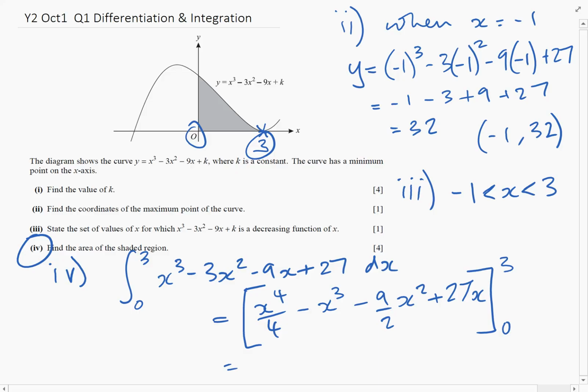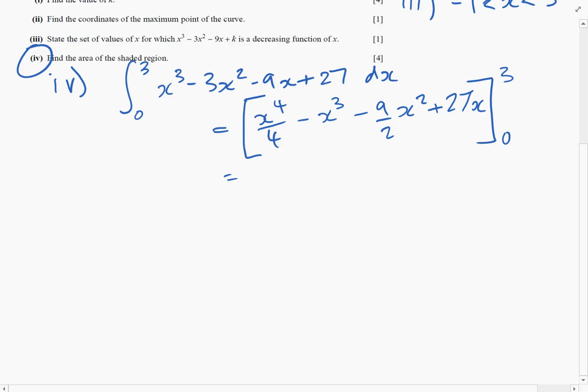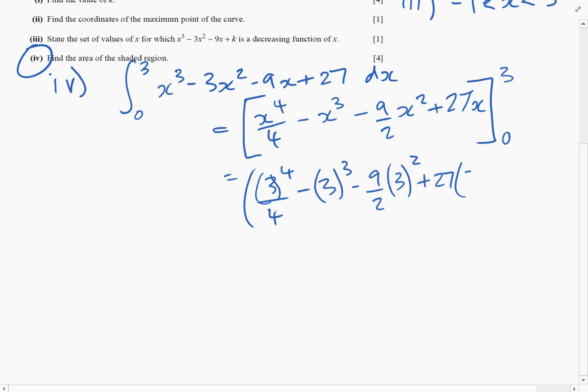And so if we put in those values, we'll get 3 to the power 4 over 4 minus 3 cubed minus 9 over 2 times 3 squared plus 27 times 3. And when we put 0 in, all these terms have x's in, so we're just going to get 0 out.